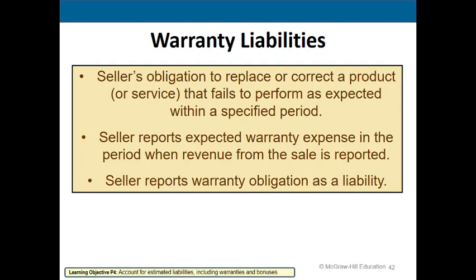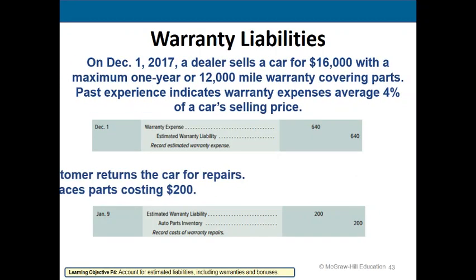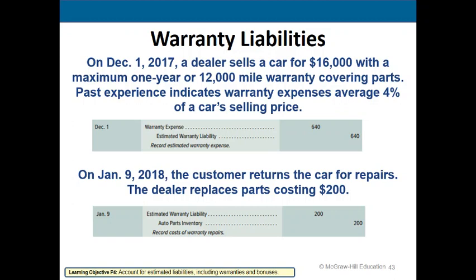And so the seller, either at the time of sale or at the end of the year in which the sale occurs, needs to report the expected warranty expense in that period. And they report this warranty obligation as a liability. Here you have an example where a car dealer sells a car for $16,000 with a 1-year or 12,000 mile warranty covering parts.